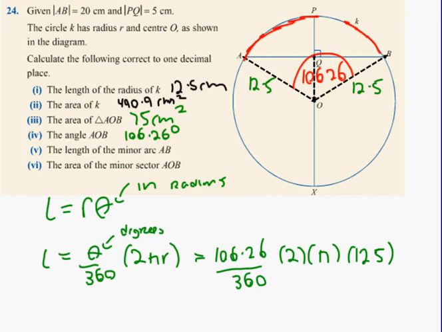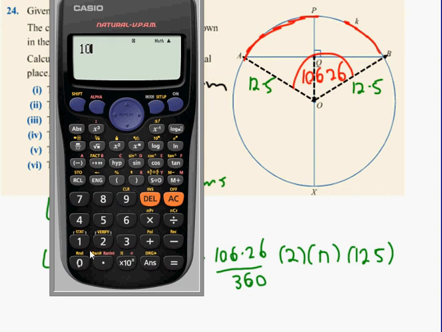So let's see how this comes out in the calculator. What we get here is 23.18, or 23.2.